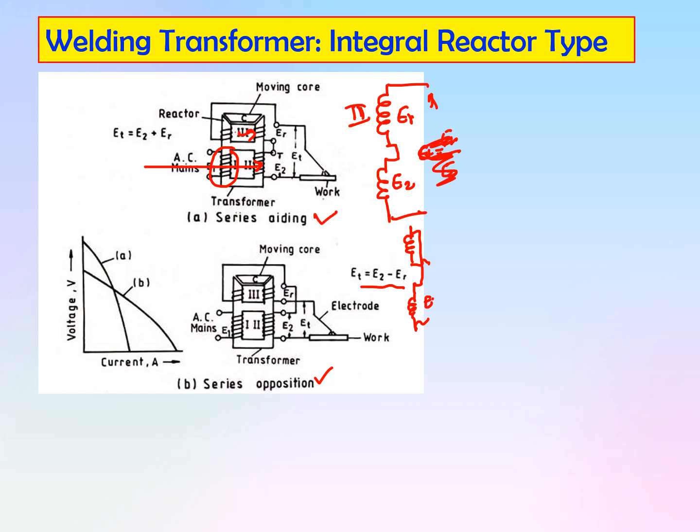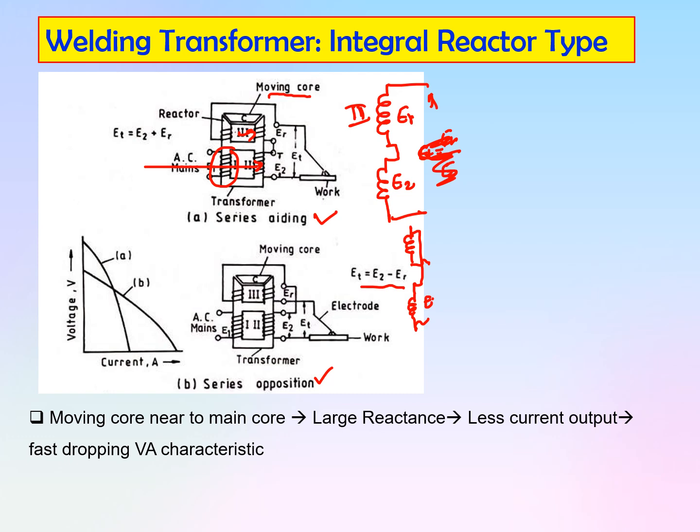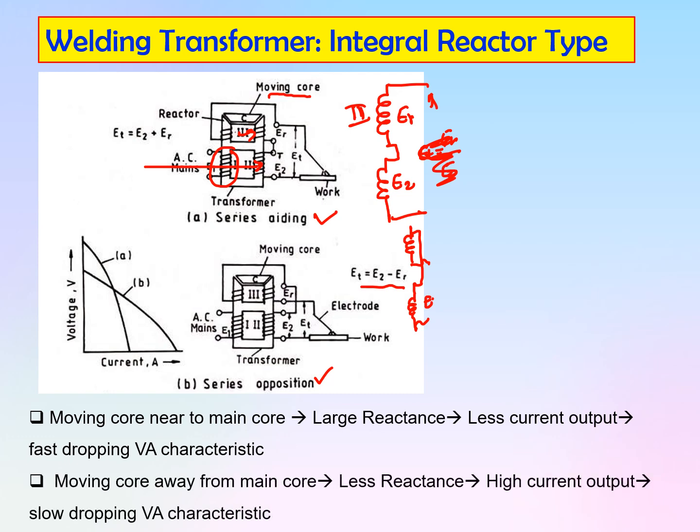In both constructions, there is a moving core. If the moving core is near the main core, it will offer a large reactance, as we saw in the previous case, less output current and fast dropping VI characteristics. If this moving core is away from the main core, less reactance, high output current, hence slow dropping VI characteristics.